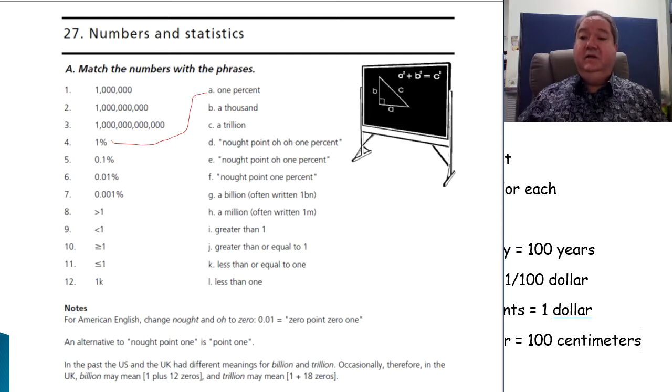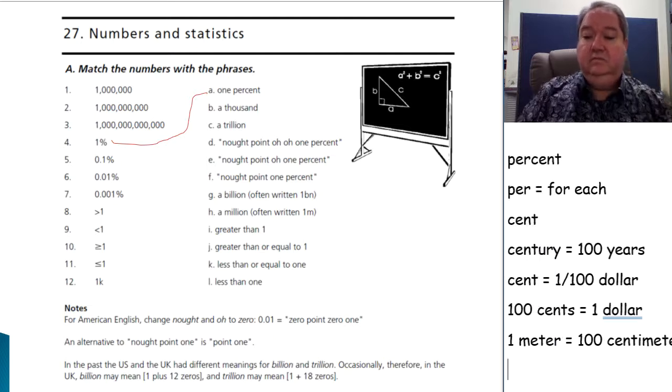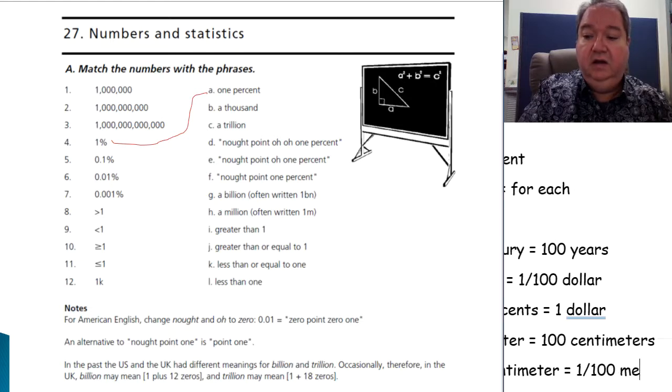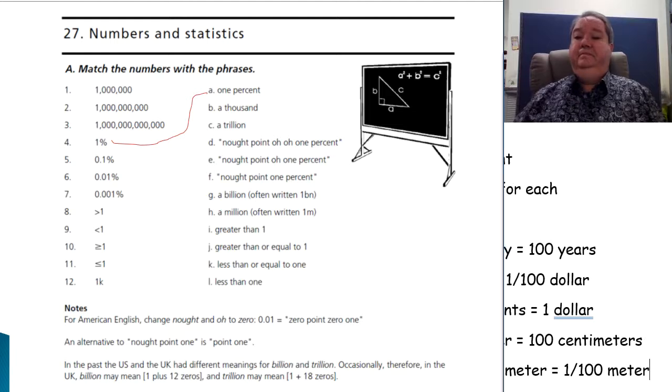So a centimeter is 1/100th of a meter. A centimeter, 1 centimeter equals 1/100th of a meter. Okay?